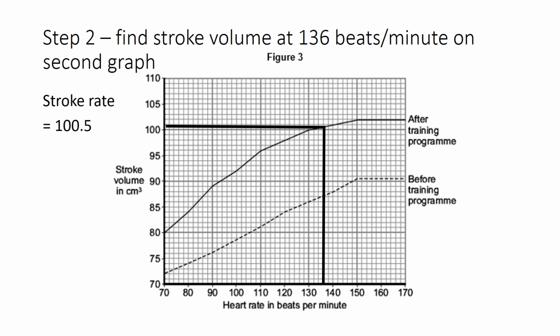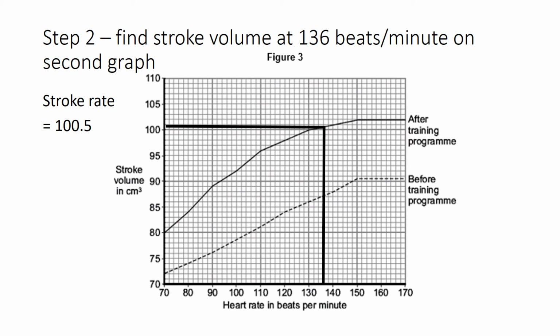So I've gone up 3 little boxes from 130 to get 136. I've gone up to the after training program, and I've gone along, and I couldn't get it quite straight enough when doing this on the PowerPoint, but it should read between 100 and 101, so it should be 100.5. And again, if you get everything else wrong on this, having that one reading will gain you 1 mark.